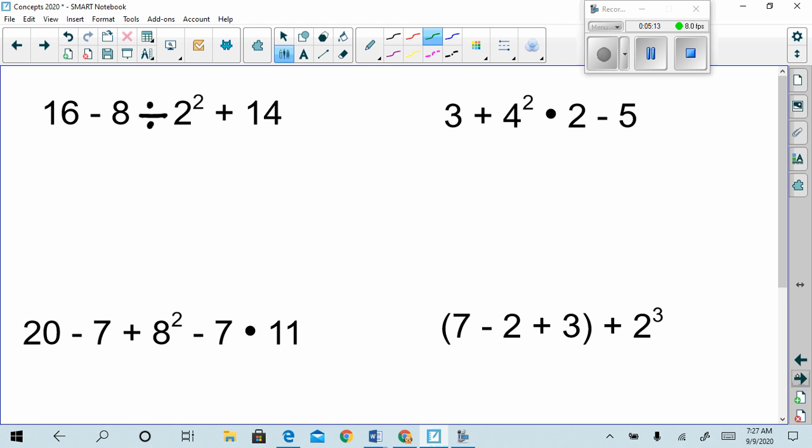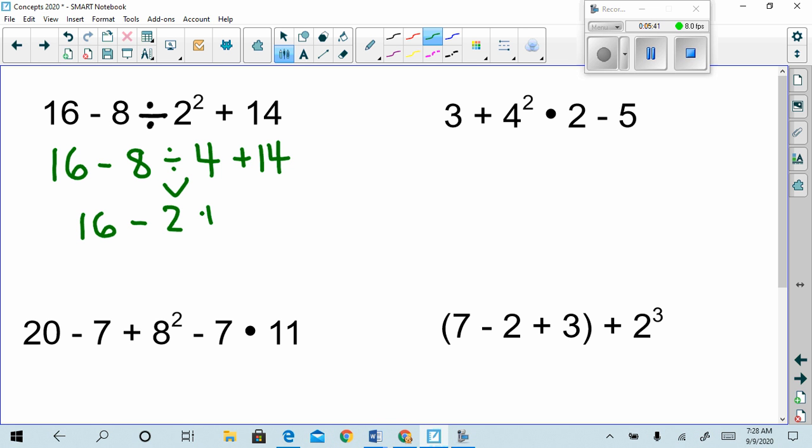Looking at this problem, the very first thing I'm going to do is that power. So I'm going to have 16 minus 8 divided by 4 plus 14. All I did was 2 to the second power, 2 times 2. Going across left to right, I see that I have to deal with my division. 16, okay, that's going to give me a 2, and 14.